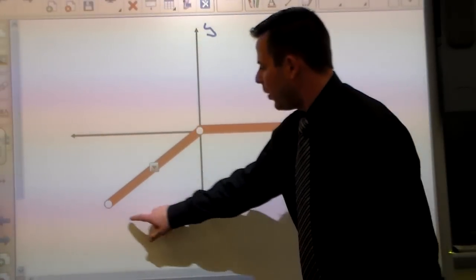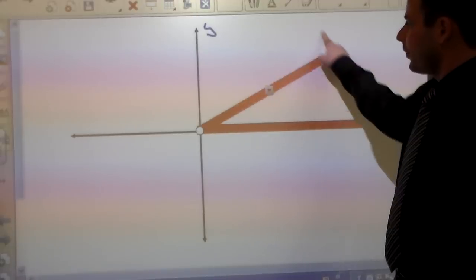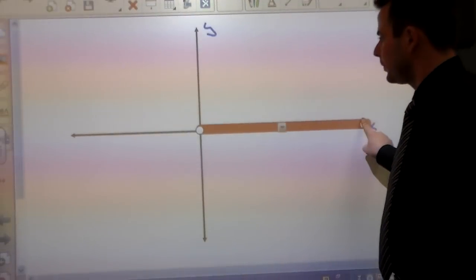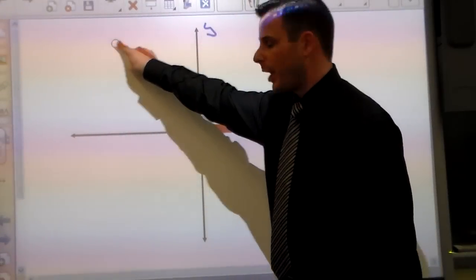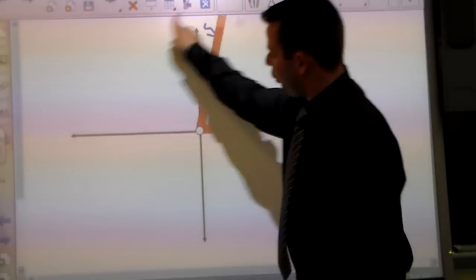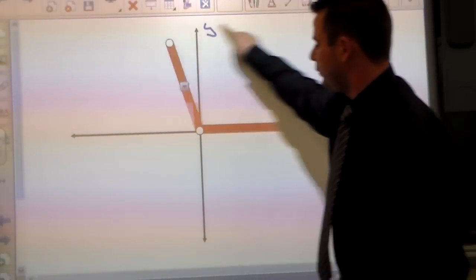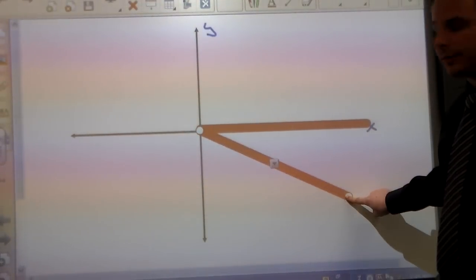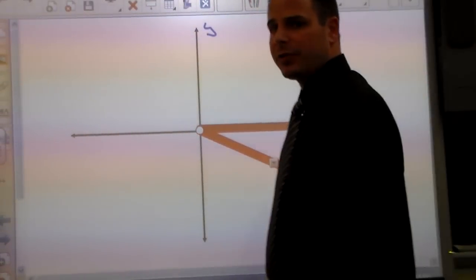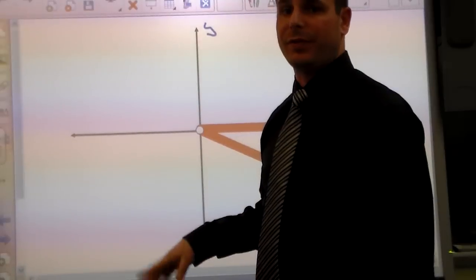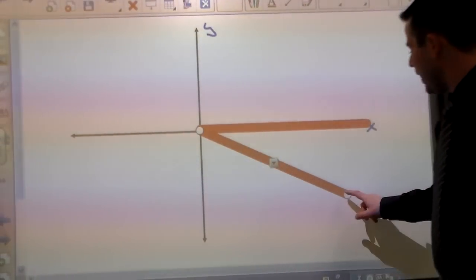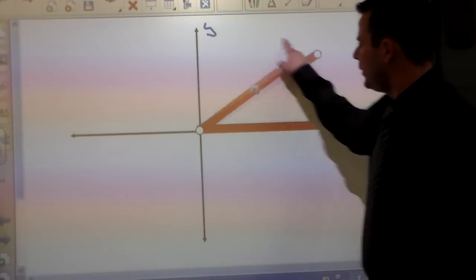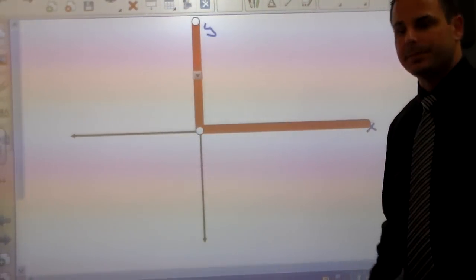So depending on where this ends up, there are first quadrant angles, second quadrant angles, third quadrant angles, and fourth quadrant angles. Now notice that I traveled in a positive direction each of these times. So you may be saying, well, what if it is just on the axis?